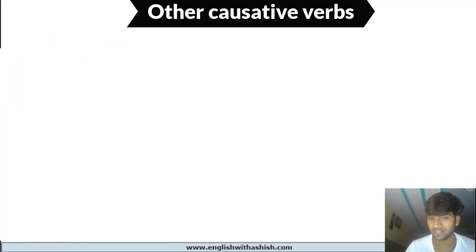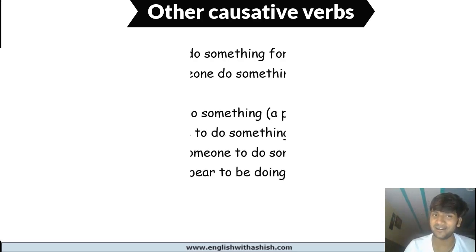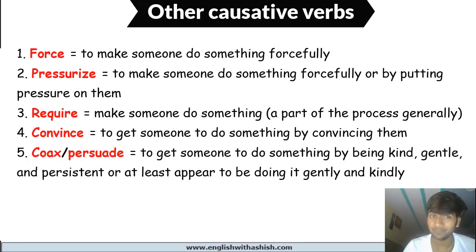Now, some other verbs that are causative verbs. These are force, pressurize, require, convince, coax, and persuade. Force is to make somebody do something forcefully, in a forceful manner. Pressurize again is to make somebody do something by putting a lot of pressure on the person. Require is to make somebody do something because it's a part of the process.